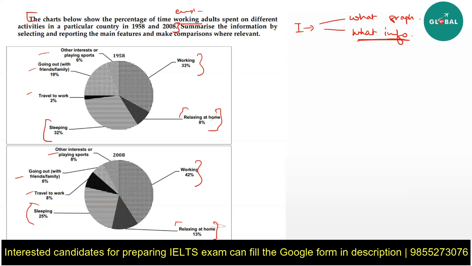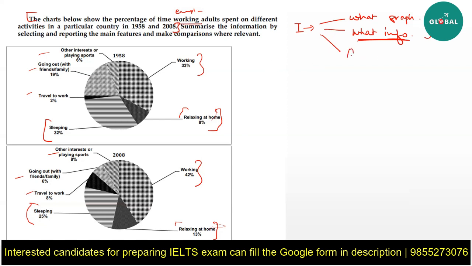So this is your introduction because these are the major things you need to include in it: what kind of graph it is and what kind of information it depicts. If you feel like your information is a little lacking and you think that, okay, one sentence is not enough for an introduction, though it is, you can add another sentence which will point out something very obvious about the graph that is given.